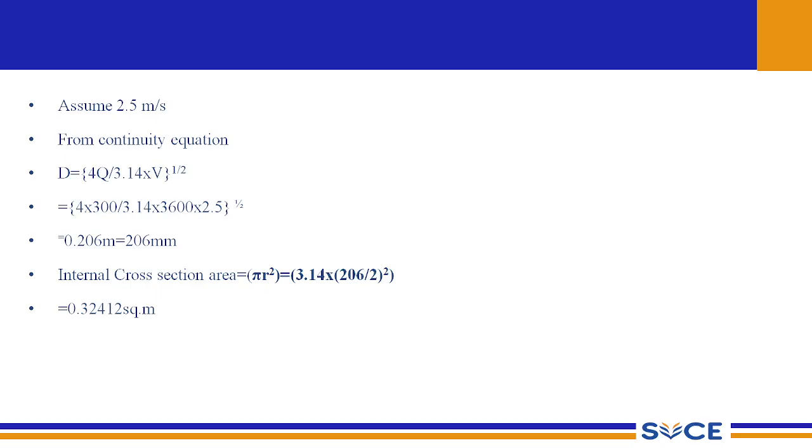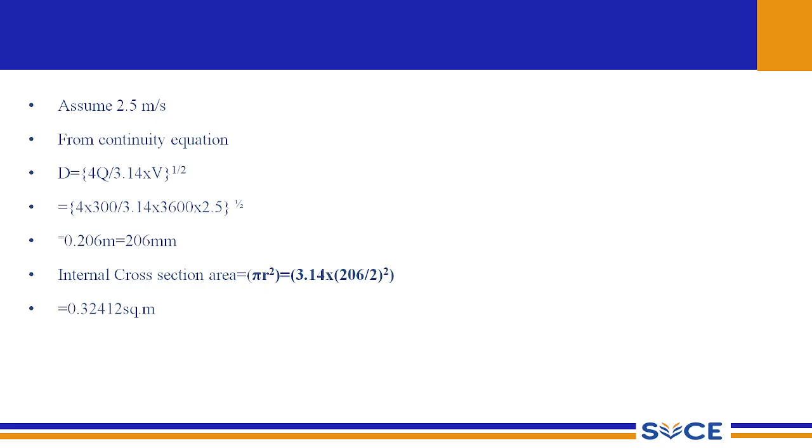Substituting the values of the flow rate, which is given as 300, converting hours to seconds using 3600, and velocity as 2.5 meter per second, the assumed value of velocity, we calculate the diameter of the pipeline as 0.206 meter. So that is 206 millimeters.